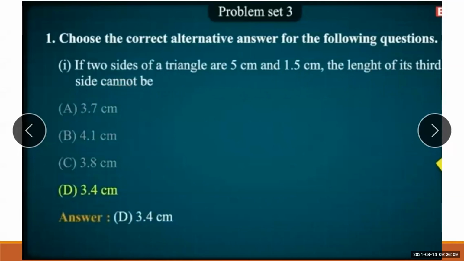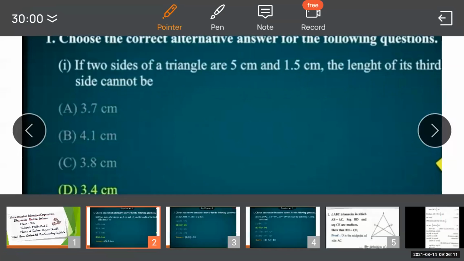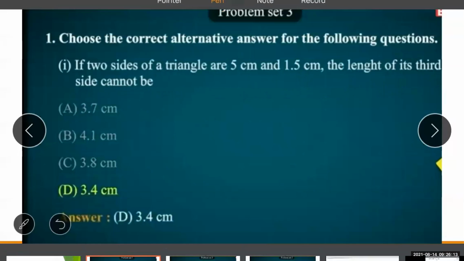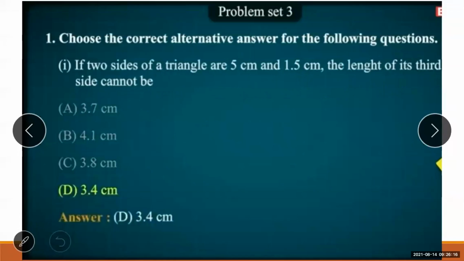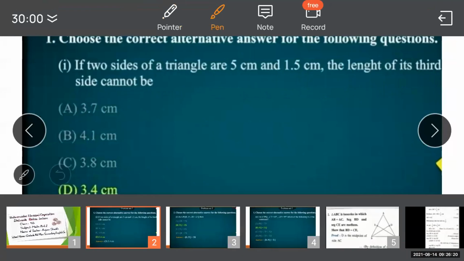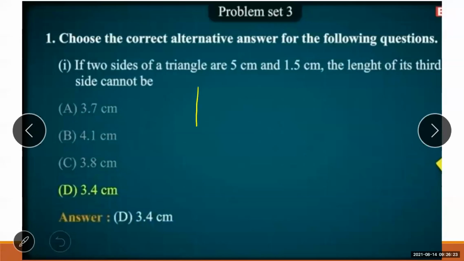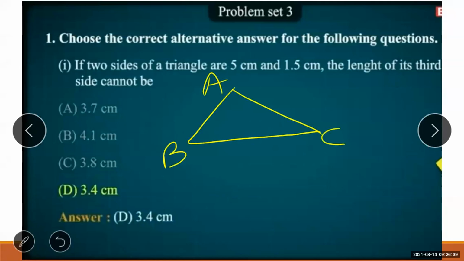So here they have asked, if this is triangle ABC, the measurement of two sides is given.